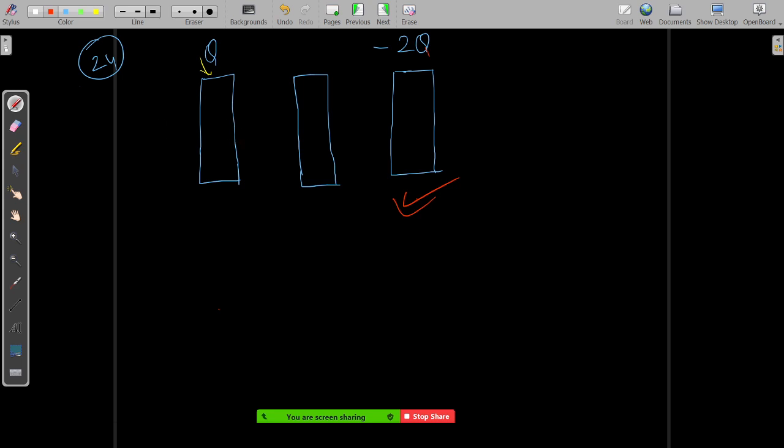What we have to do in this type of question is assume that some small q charge accumulates here. Whatever charges are left are going to accumulate here.